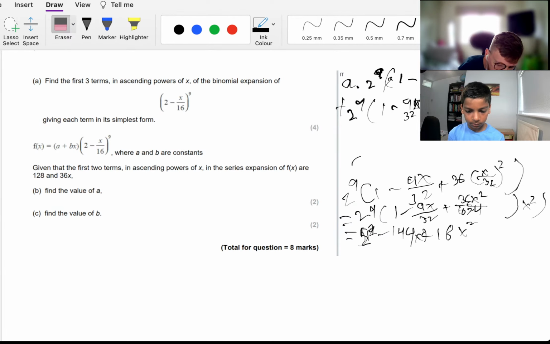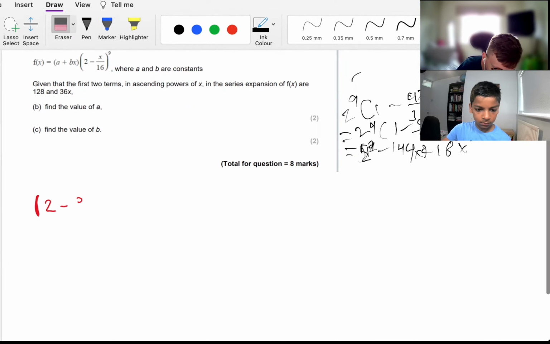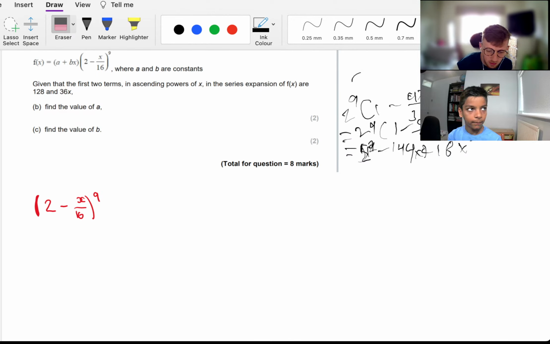So what you could have done, if you just scroll down a bit so people can see it, I'm going to do a little bit of working out of an easier way. We've got 2 minus x over 16 to the 9. A really good way of setting this out is to write it all down vertically.